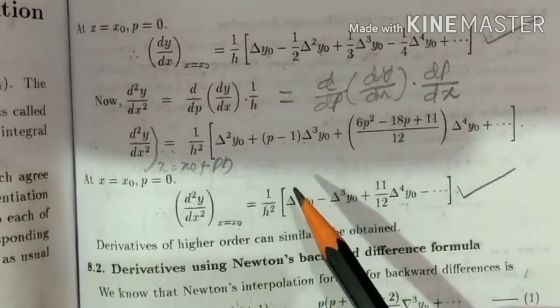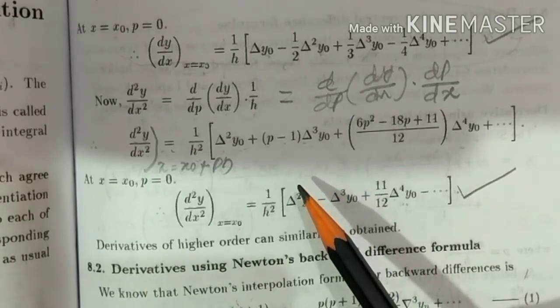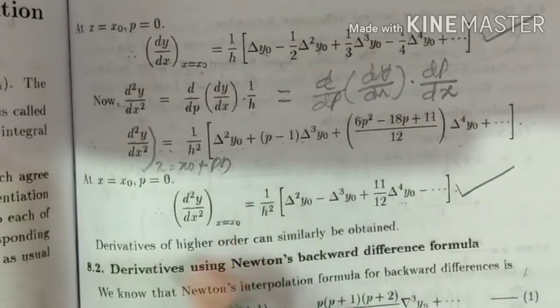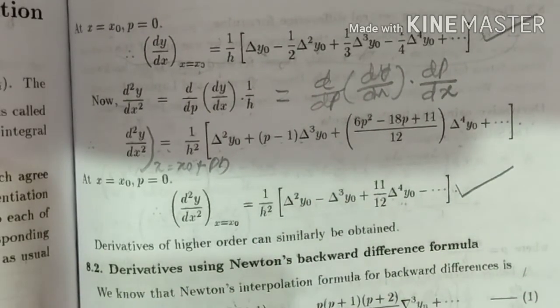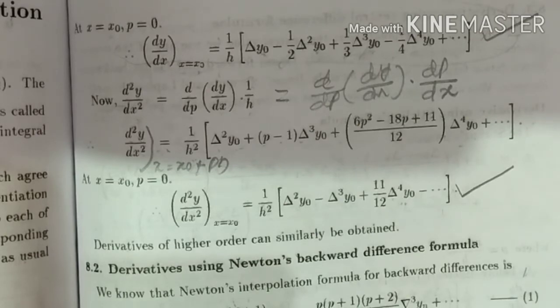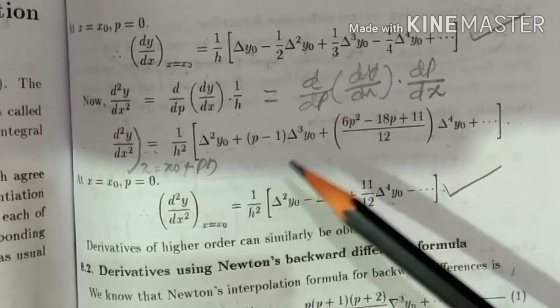And this is mostly used for finding acceleration, gravity. So in that case, we have to use the derivative terms. We know that Newton's forward difference formula is generally used when the interpolating point is nearer to your initial point. So if the derivative is also asked nearer to your initial point, then we have to use these formulas for finding the derivative.